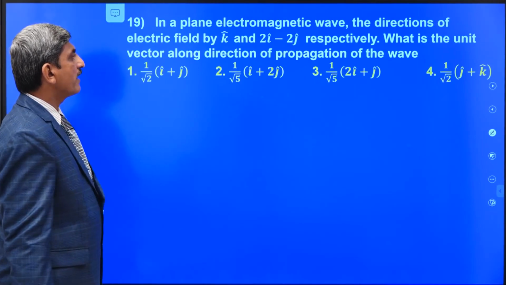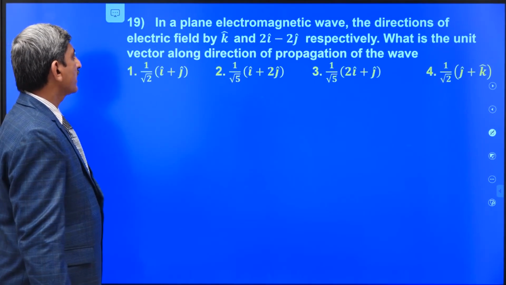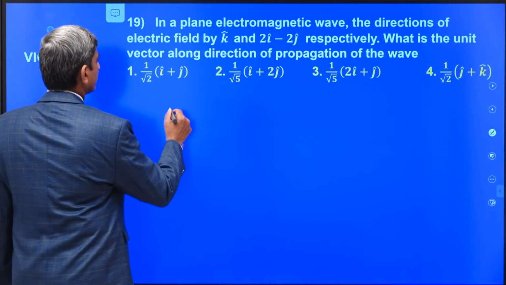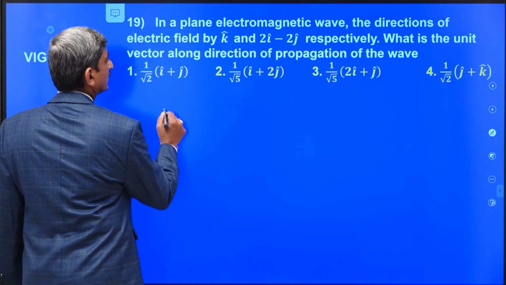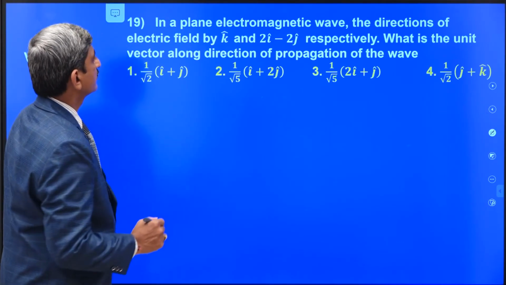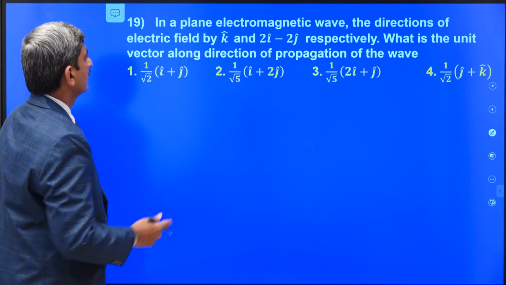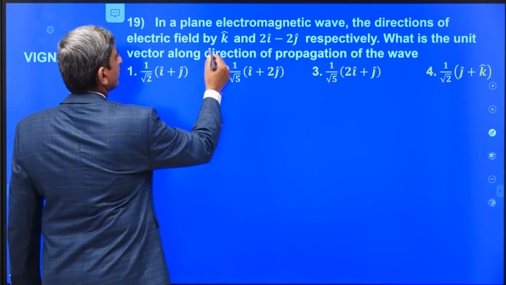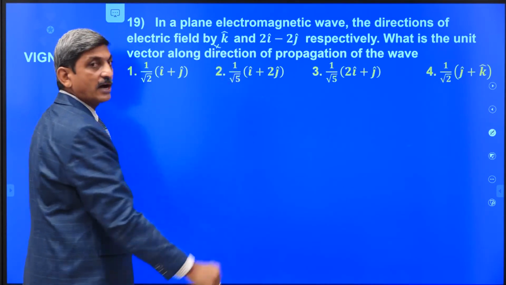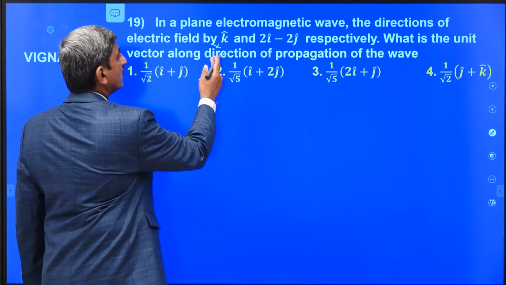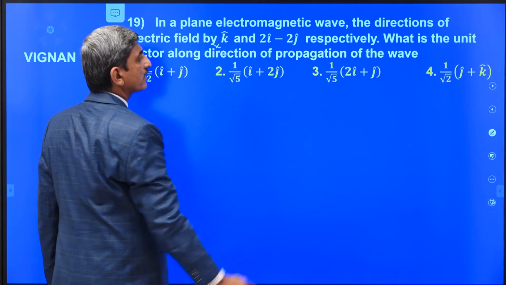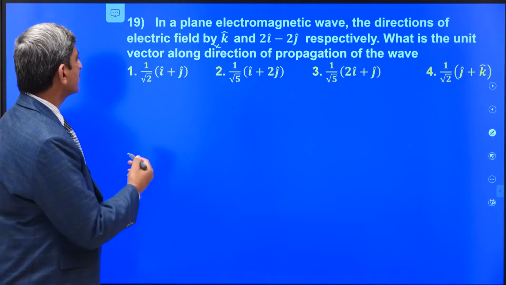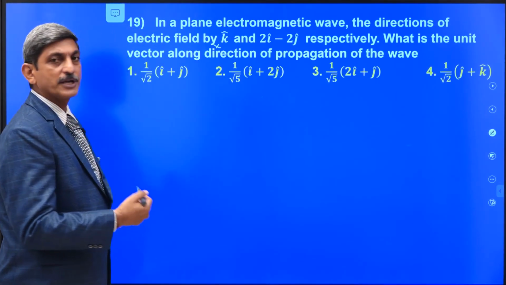In a plane electromagnetic wave, the direction of the electric field is given by k bar. So here data is missed. The directions of the electric field and the magnetic field are given by k bar and 2i minus j bar respectively. What is the unit vector along the direction of the propagation of the wave?